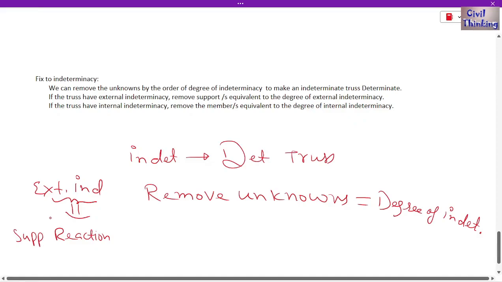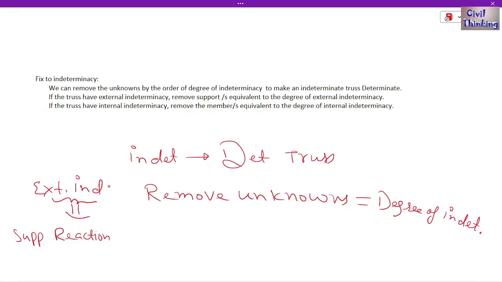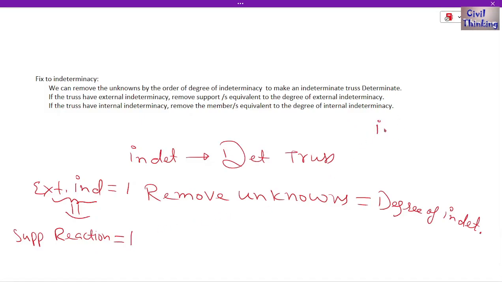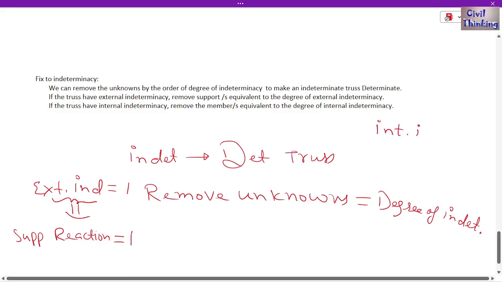When we talk about the external indeterminacy, support reactions are involved. So when, for example, external indeterminacy of a truss is 1, how many supports will we remove? We will remove one support reaction. Now, for example, if we have internal indeterminacy.